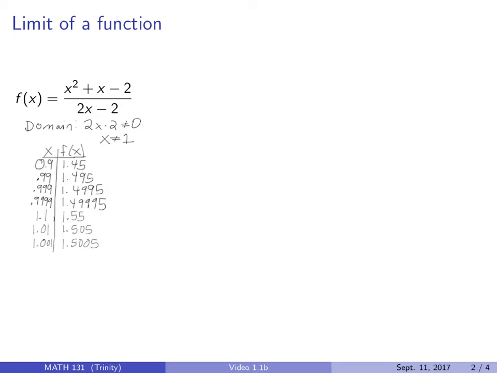So the idea here is that as x approaches 1, what happens to our y values? As these numbers got closer and closer to 1, my f of x values got closer and closer, or approached the value of 1.5.